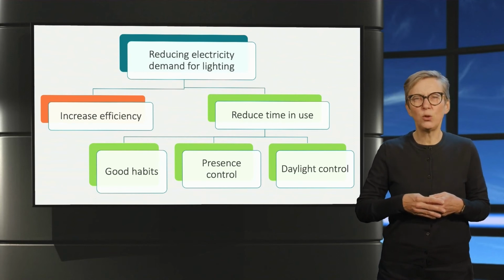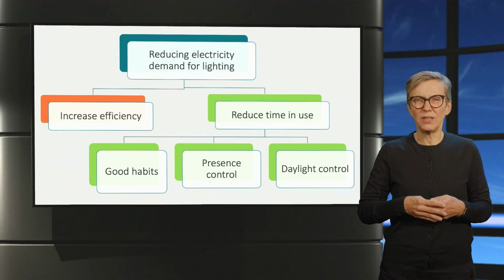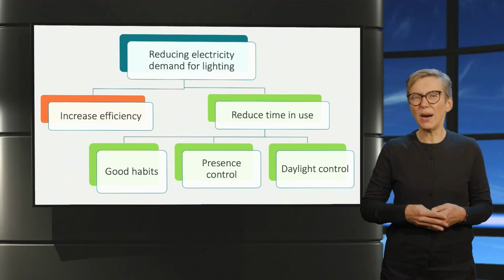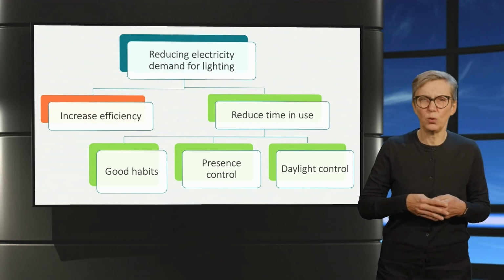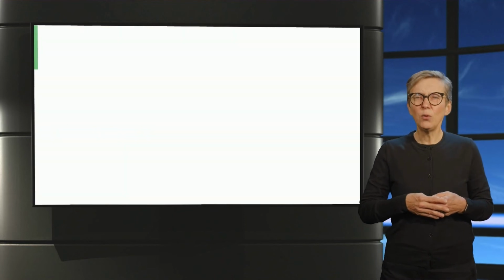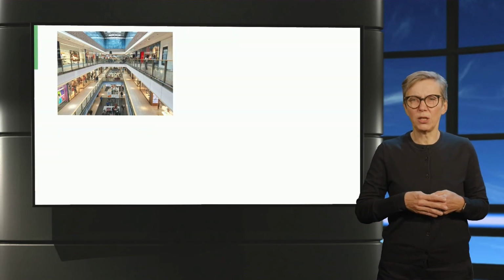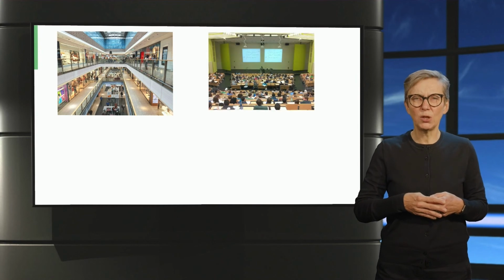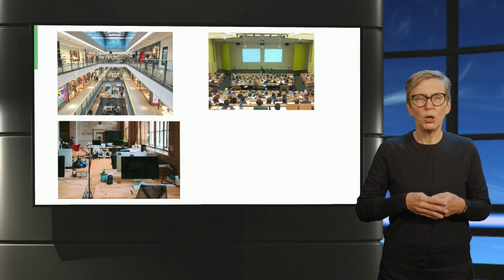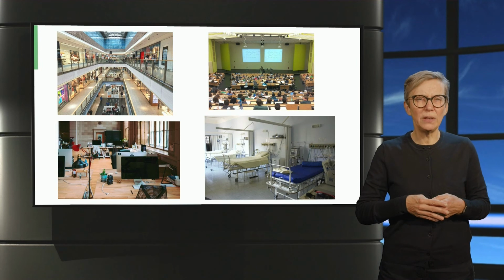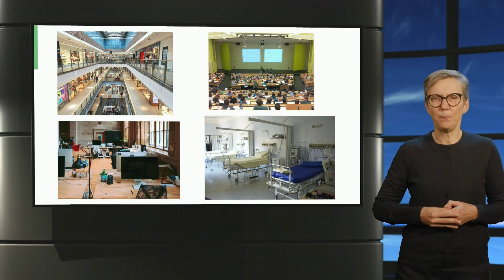Finally, let's look into two examples to illustrate the potential for lighting efficiency combined with presence and/or daylight control. In non-residential buildings like supermarkets and shops, education buildings, offices and hospitals, the use of LED lighting in new buildings and where lighting needs to be replaced is already the standard.